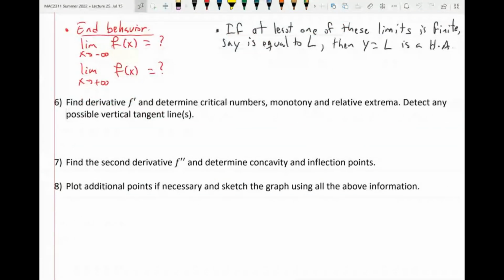This time the derivative enters. What do we do with the derivative? We find the first derivative because we want to know the critical numbers. Why? Because those are our candidates, remember, for relative extrema.